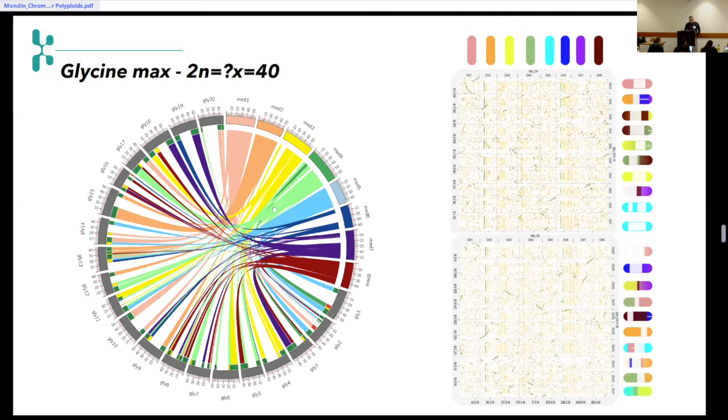And then in Glycine max, we could get very nice results, as you can see here in green. This means that the homology is very good. And then we can see that the Medicago genome is spread in all of the chromosomes of Glycine max.